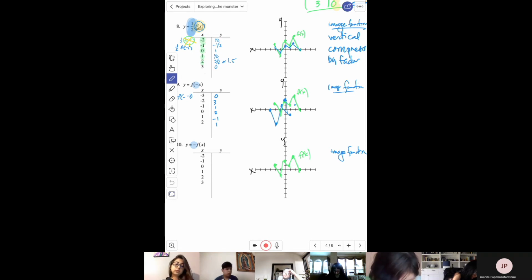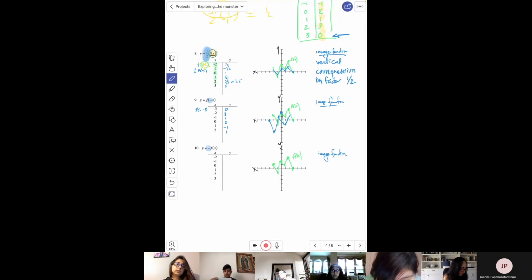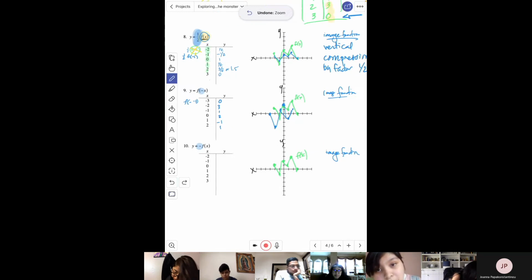That is the most awful graph I've ever seen. I did a terrible job graphing that. What has happened there? What does that negative do inside? Actually, I graphed it wrong.